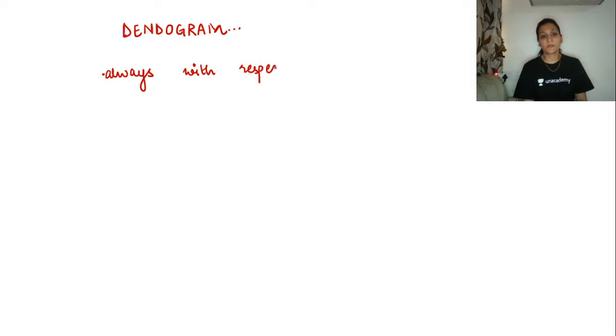Then you need to see the dendrogram. A dendrogram is always with respect to time. It is just a kind of phylogenetic tree, but always with respect to time.